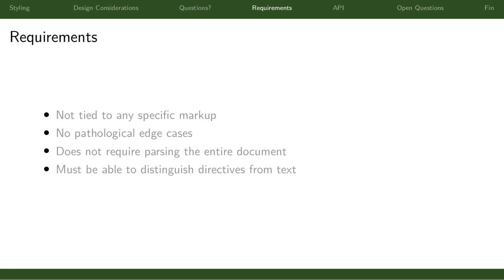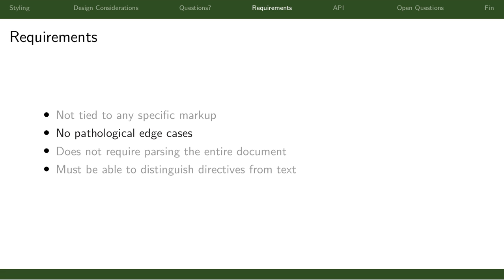Don't worry, if you're not a Go person and you don't know the language, it's no big deal. We're really going to be talking about more language agnostic things. I had some requirements, including that the library is general purpose, so it can't be tied to a specific output markup. We don't want a library that just converts to HTML, for example, or to Android styled spans, or whatever that output would be.